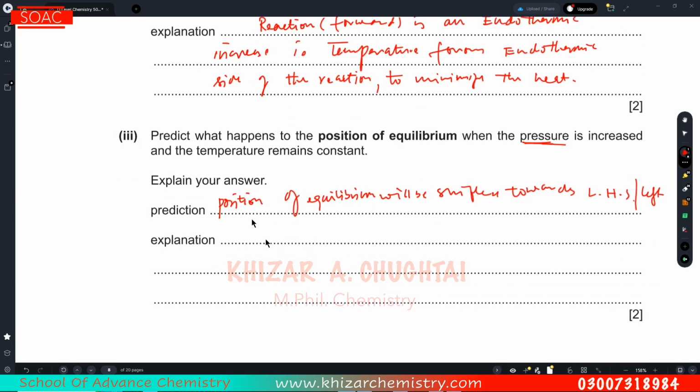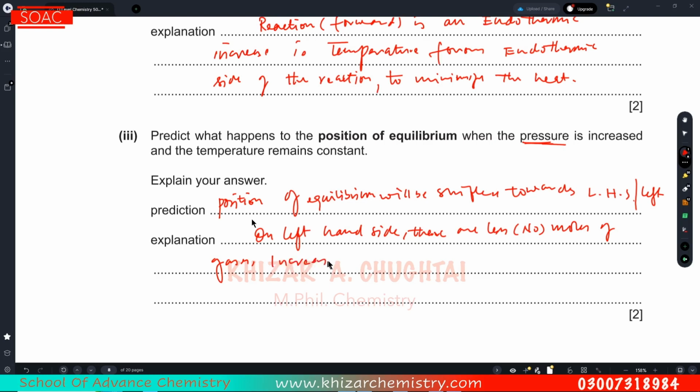Explanation: on the left hand side, there are no moles of gases, or less or no moles of gases.